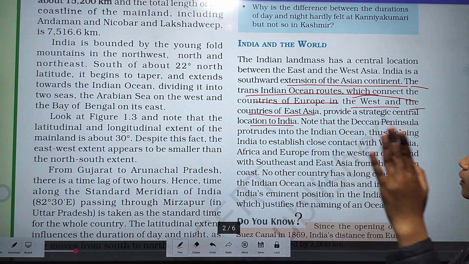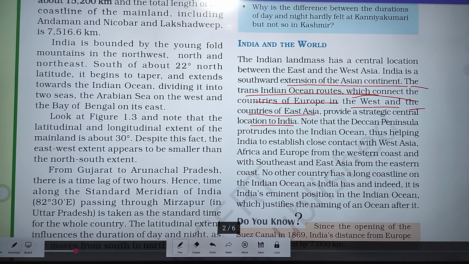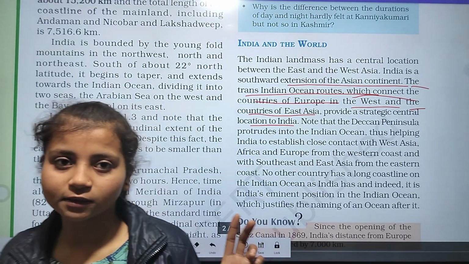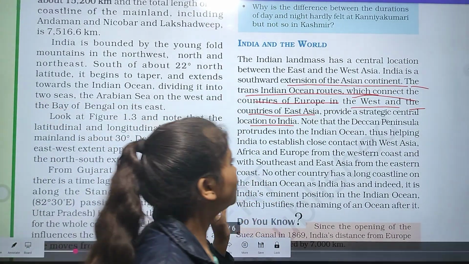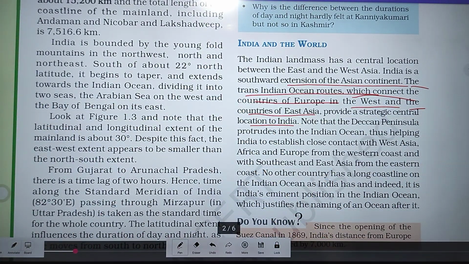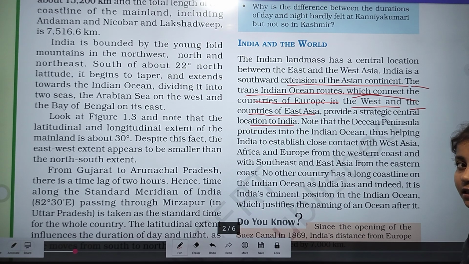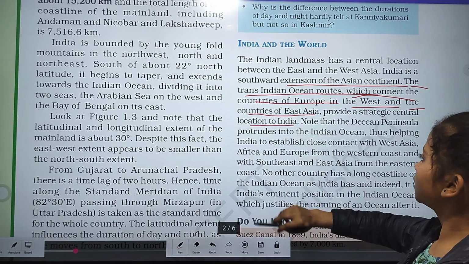These ocean routes connect Europe in the west and the countries of East Asia, and provide a strategic central location to India.